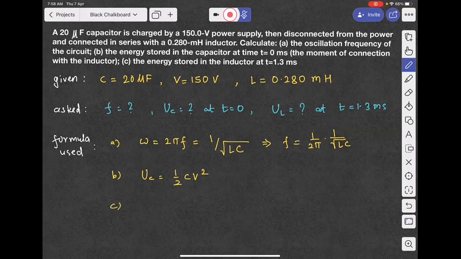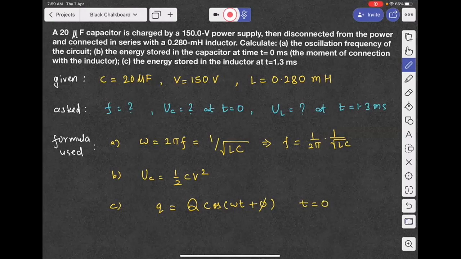And in the C part, we are asked to calculate the energy stored in the inductor at time t equal to 1.3 milliseconds. Now, for the capacitor, we know the charge is given by Q cos of omega t plus phi, where this phi depends on initial conditions. Because we are starting at time t equal to 0, the moment of connection with the inductor, that means at time t equal to 0, there is no current in the circuit.